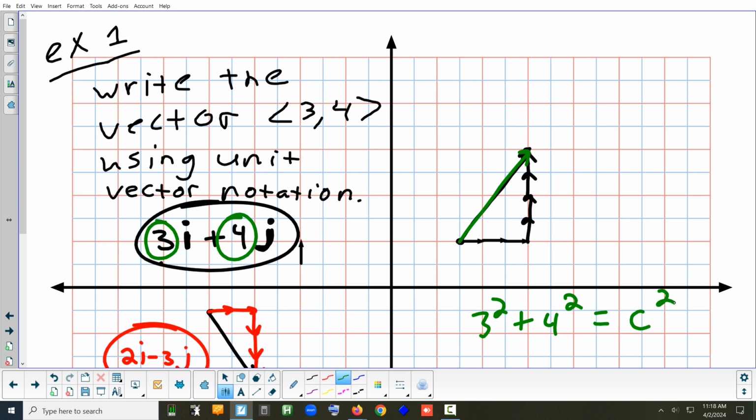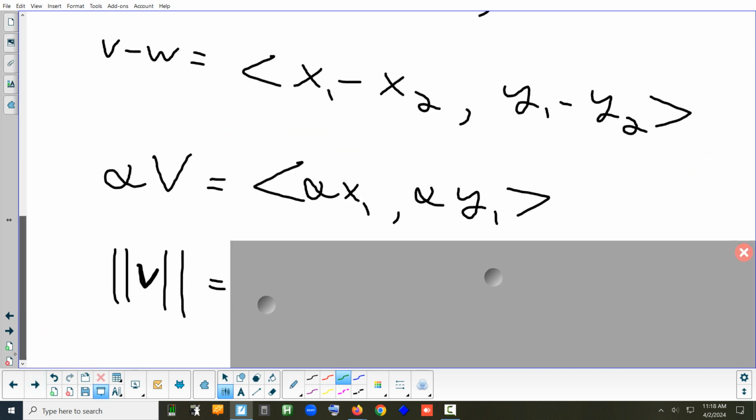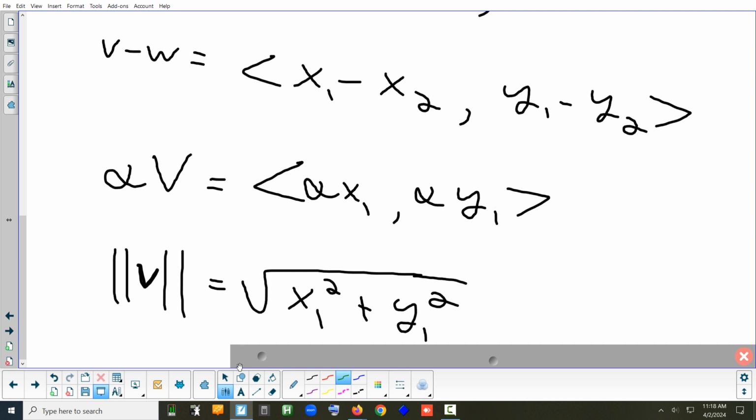So you'd have to add them up, 9 plus 16, and then take the square root, which in this case would give you 5. So that's how you find the magnitude of a vector. You use the Pythagorean theorem with the 2 numbers for your vector. Take each number, square them, add them up, and then when you're done, you take the square root.